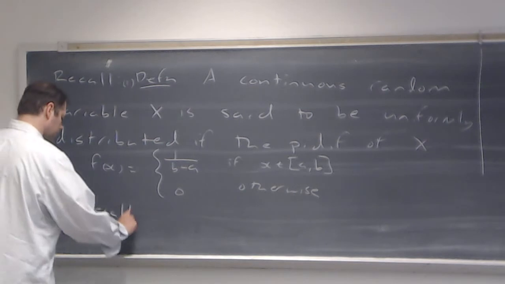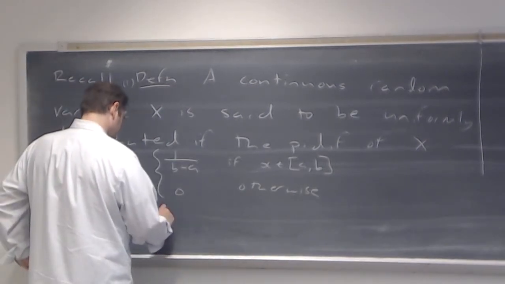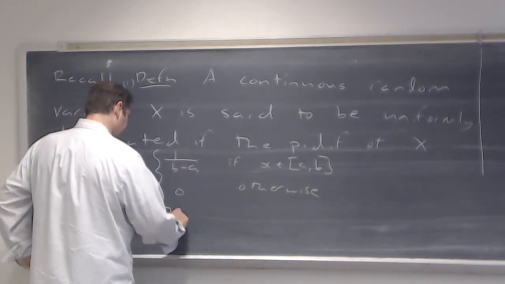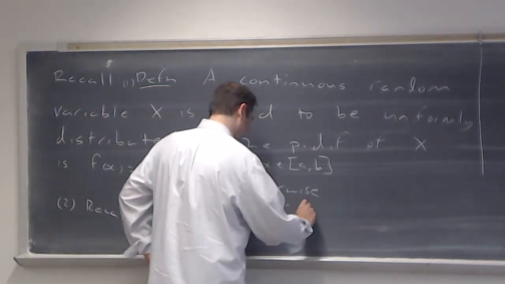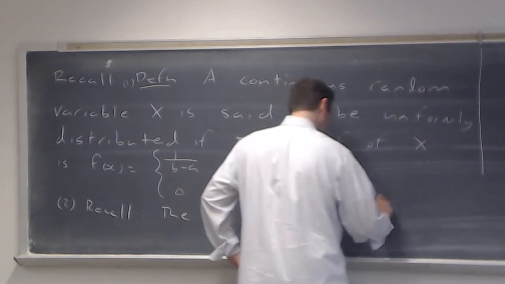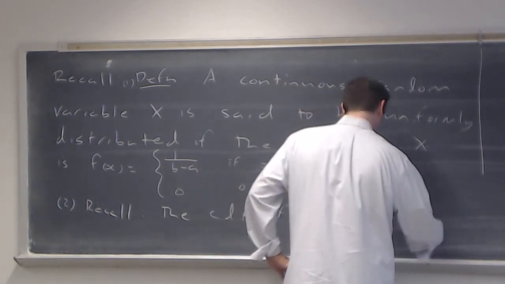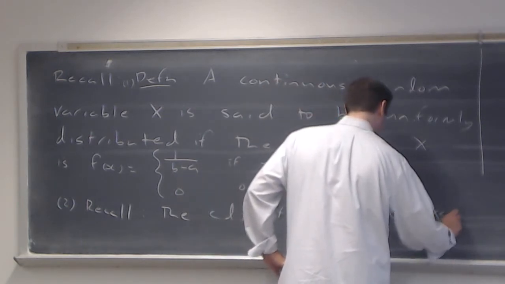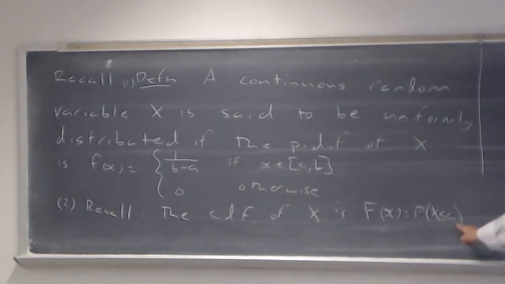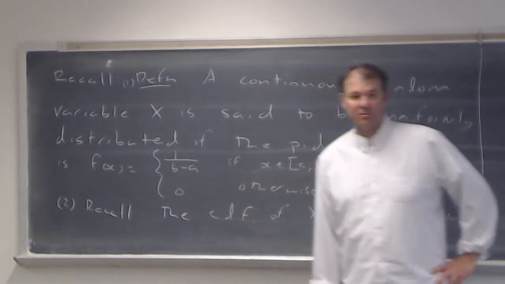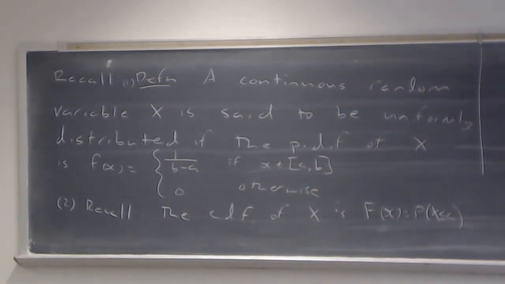Recall the CDF of X is big F of X, which is defined by the probability that X is less than or equal to a. This a here and this a here are not necessarily related in terms of the symbolism of the definitions.